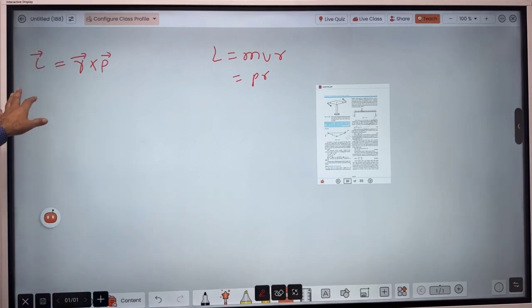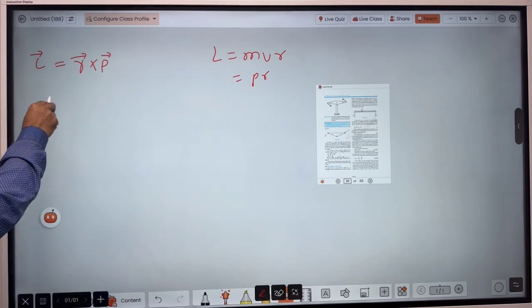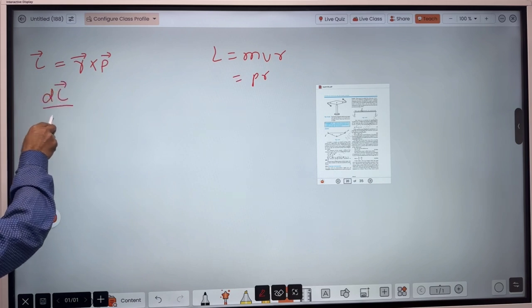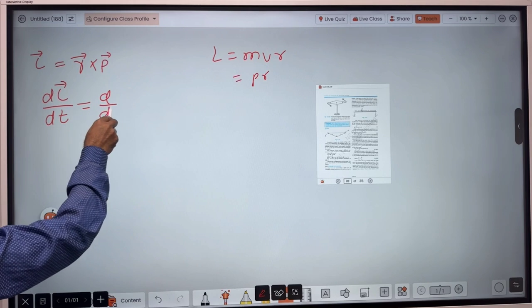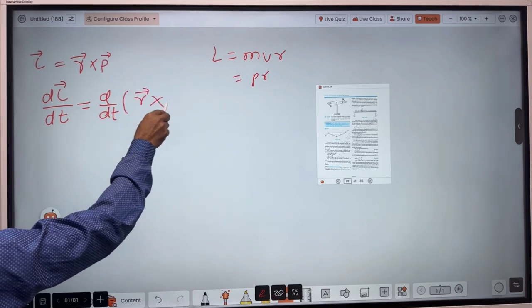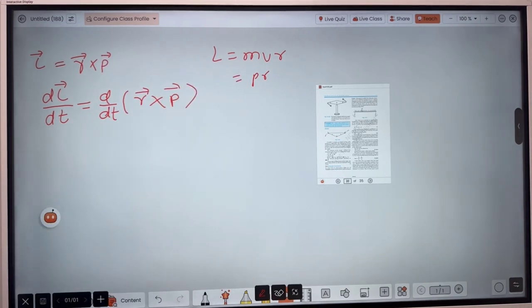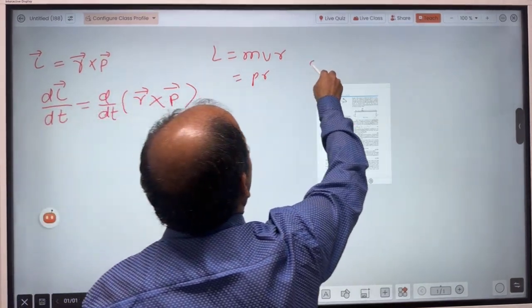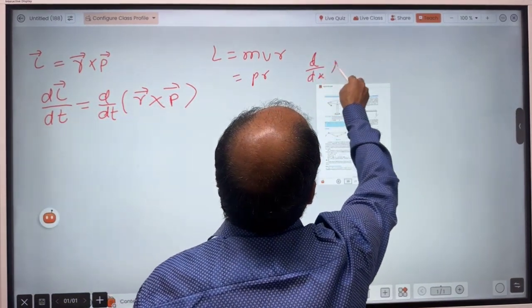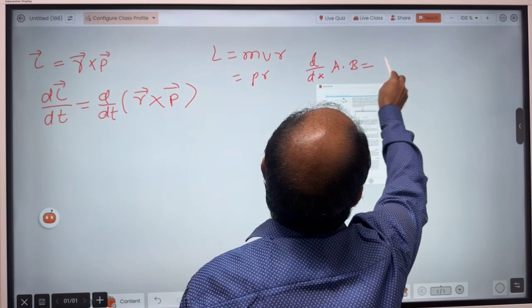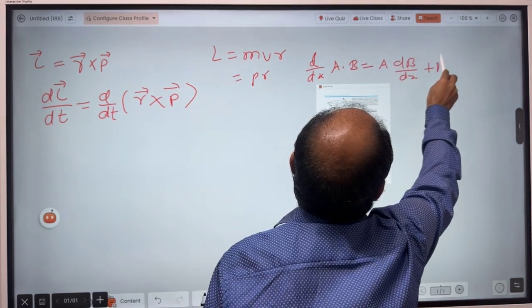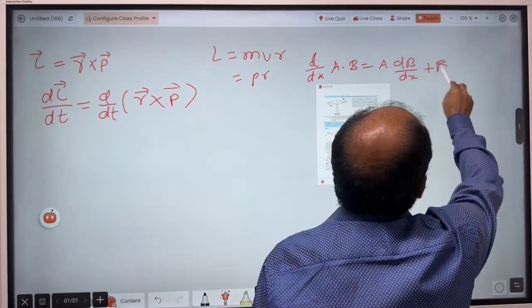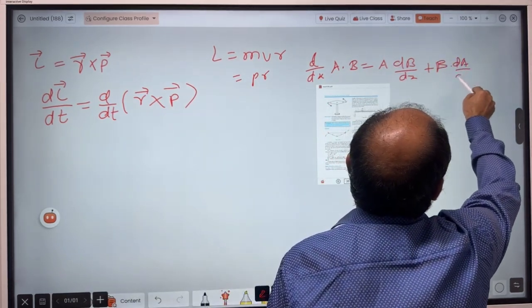Now we are going to check what is the result of rate of change of angular momentum. So dL upon dt, let's try to find out. So here d upon dt of R cross P, and I think you remember the basic rule of differentiation, d upon dx of function 1 into function 2 gives a db upon dx plus b times da upon dx, right?